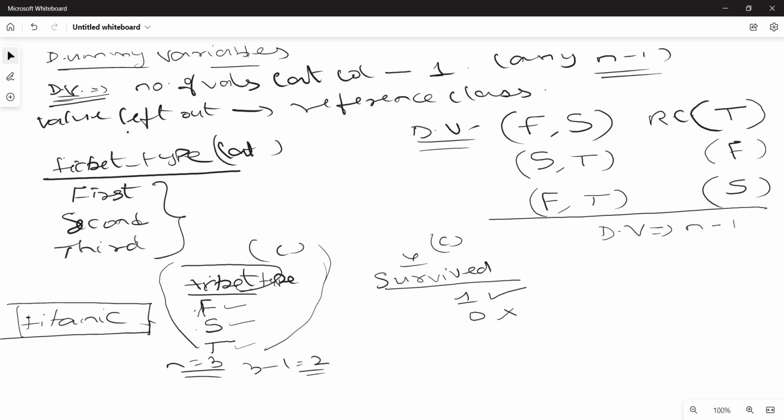That means out of these 3 values, any 2 can be the dummy variables. If I take first class and second class to be the dummy values, the one which is left out, the third class, is called the reference class. If I take second class and third class as dummies, first class becomes the reference class. And if I take first and third to be the dummy values, second becomes the reference class.